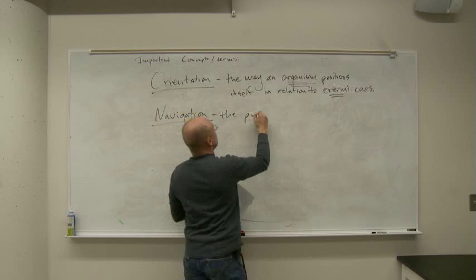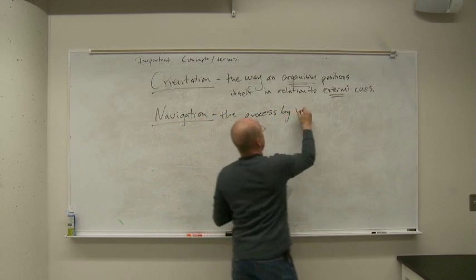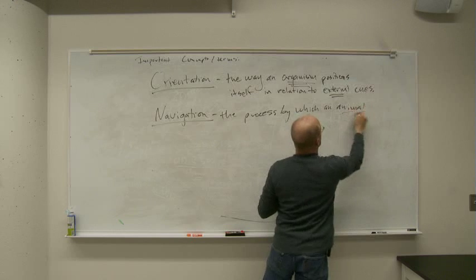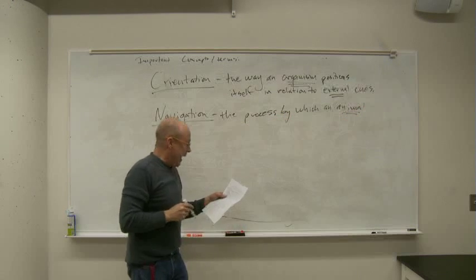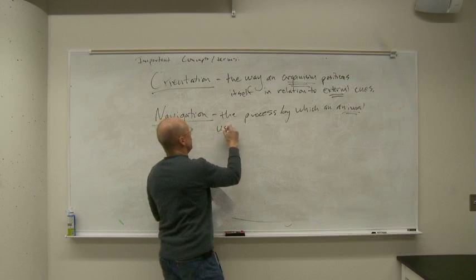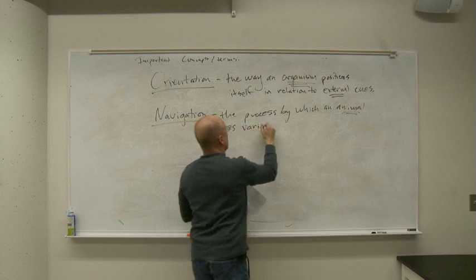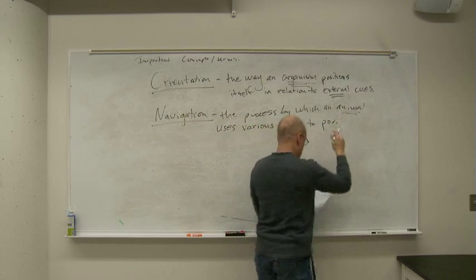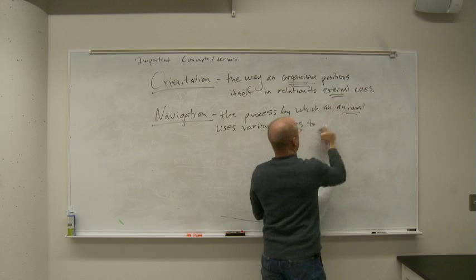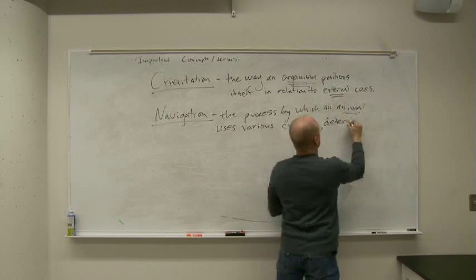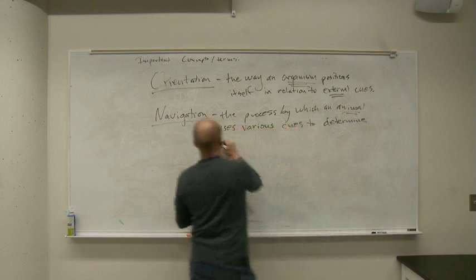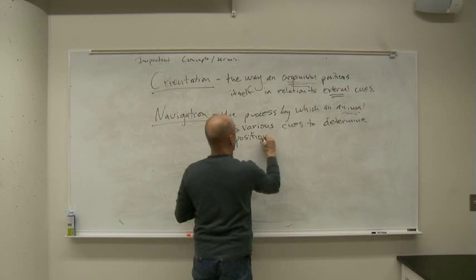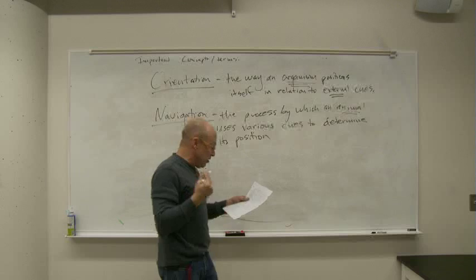The process by which an animal, and here I'm actually going to throw animal in, an animal uses various cues to position itself, to determine its position. In reference to a goal.